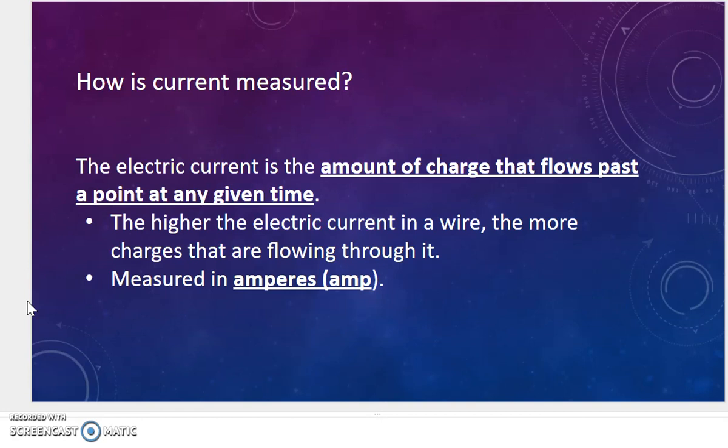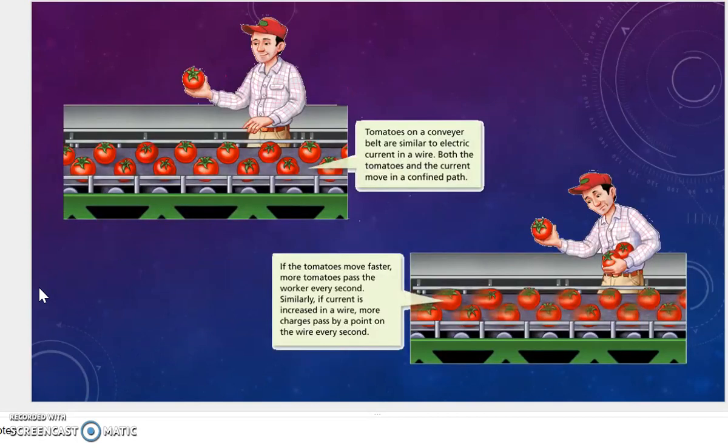And this current is measured in amperes, and its symbol is actually a capital A, so make sure that you get that in your notes. The abbreviation for it is amp, and I'm sure you've heard of that abbreviation. So you have the name, the short abbreviation, and then when we write it just as a symbol, it's a capital letter A.